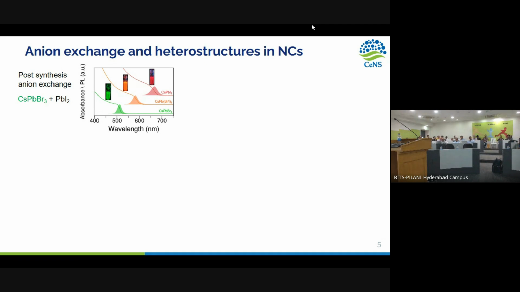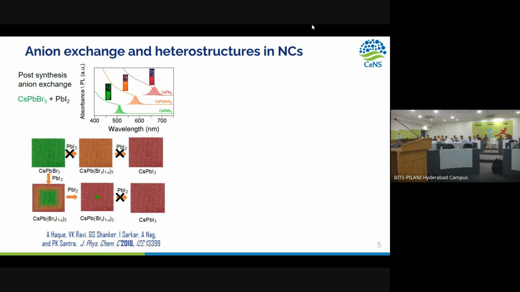When we look at this material through absorption and emission spectroscopy, we see that the band gap is changing. But what is happening with the structure of the system? We employed variable energy XPS, where we probed the macro structure of this nanoparticle.